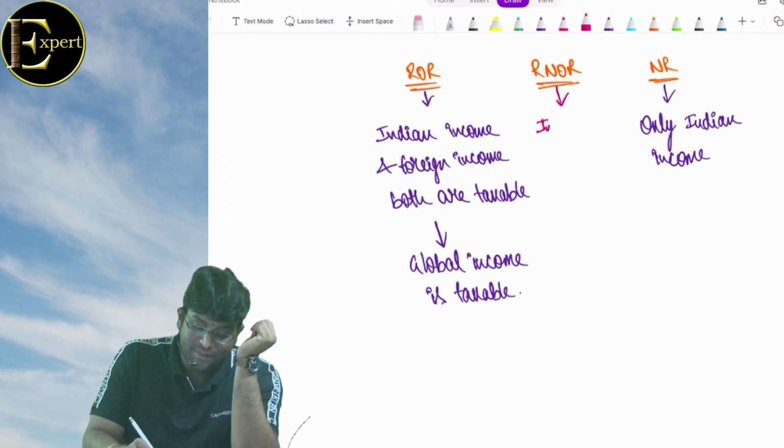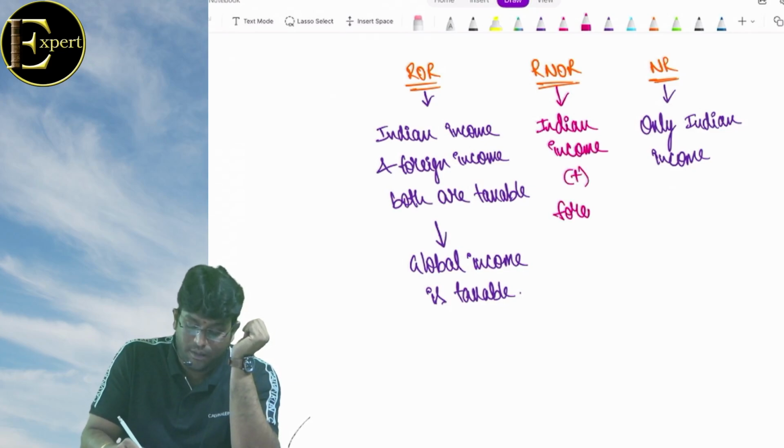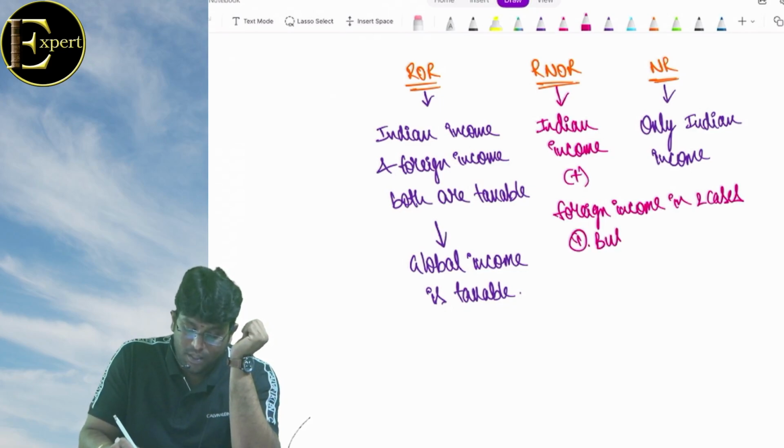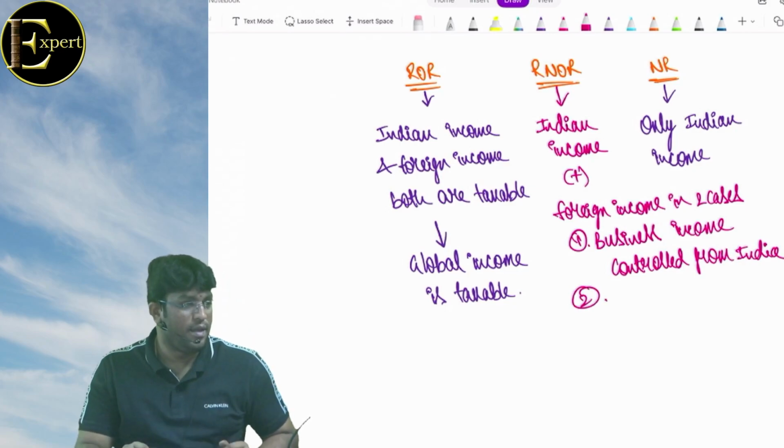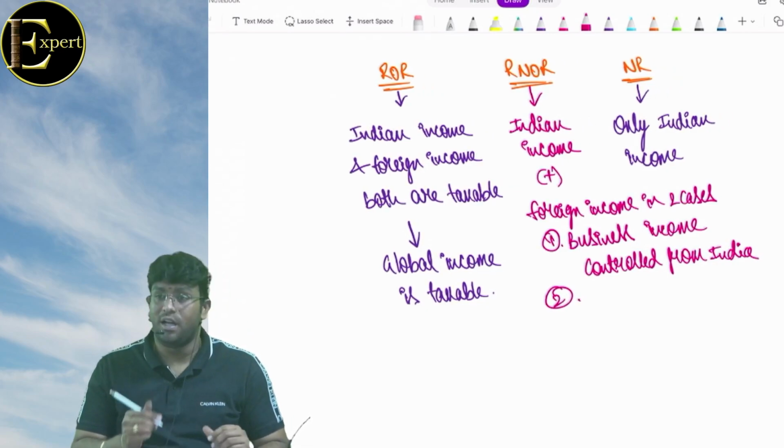RNOR is taxable on Indian income plus foreign income in two cases. Number one, business income which is controlled from India. Business income which is controlled from where? India.